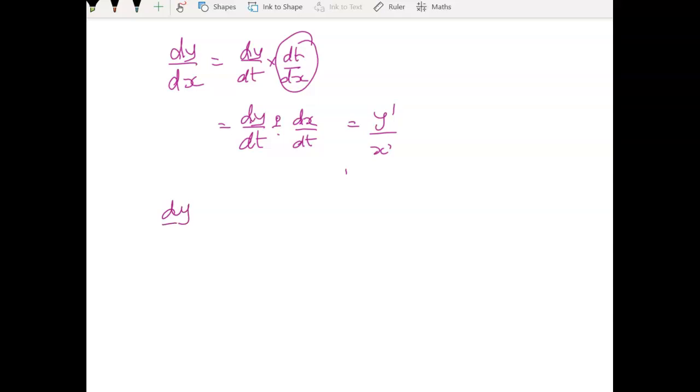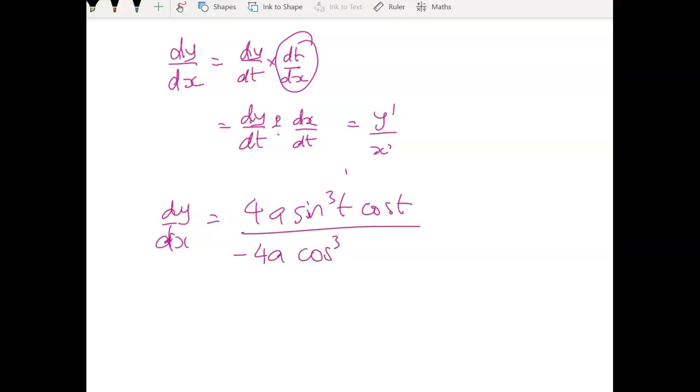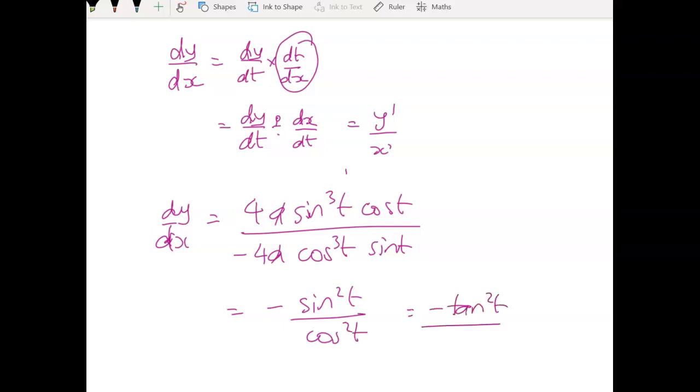So dy by dx is equal to 4a sine cubed t cos of t over negative 4a cos cubed of t sine t. Cleaning that up leaves me with negative sine squared t over cos squared of t, which is negative tan squared of t.